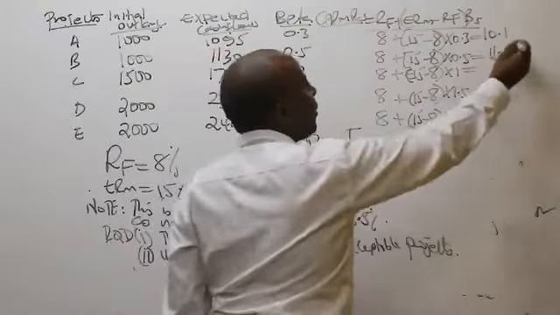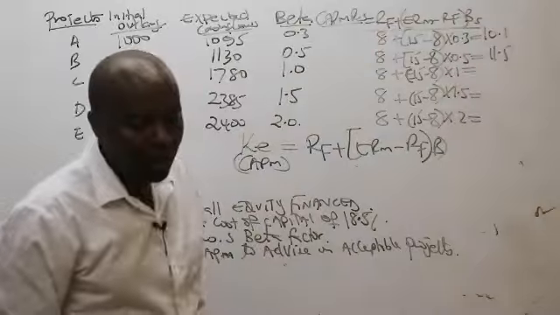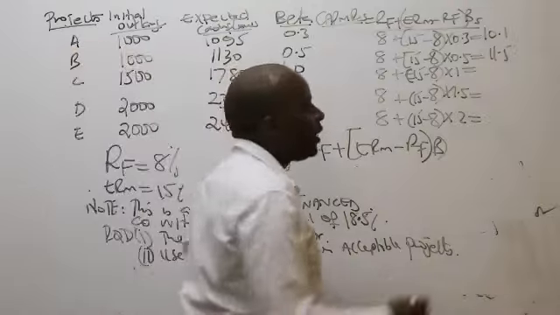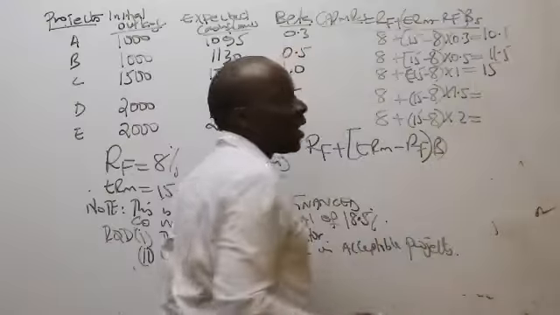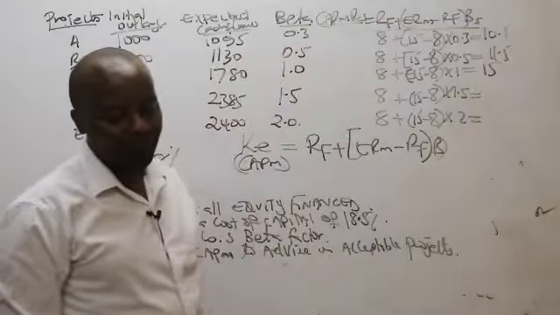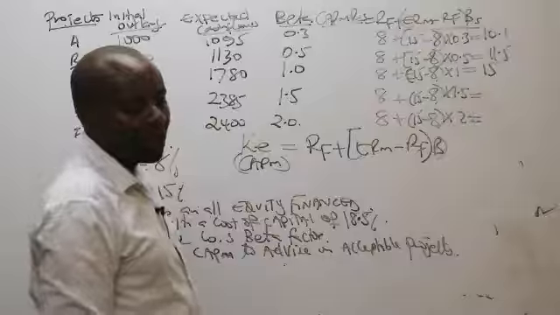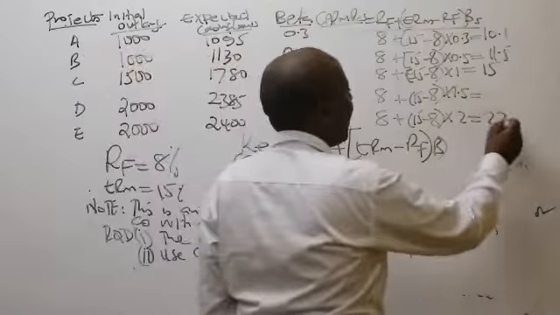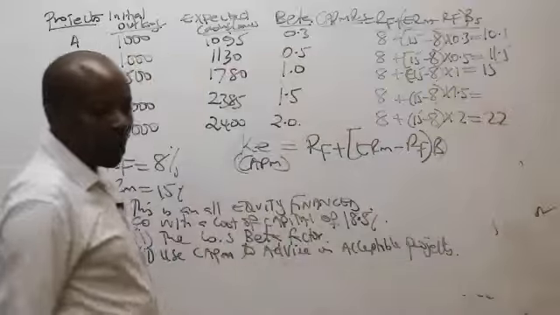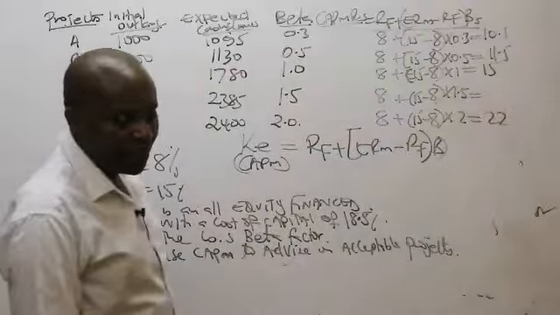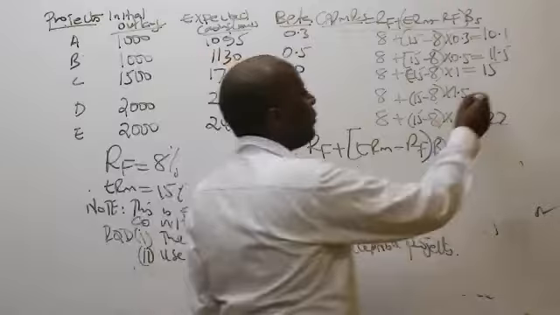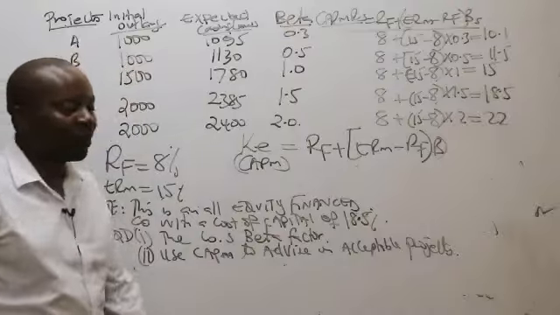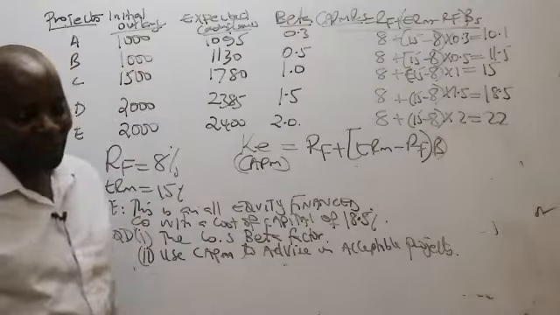I can see somebody giving me C. C is 15. How about D? D is 22. How about E? E is 18.5. Thank you very much.